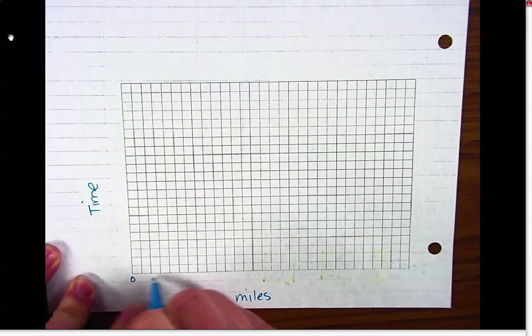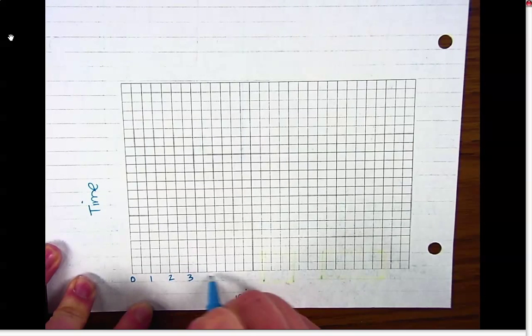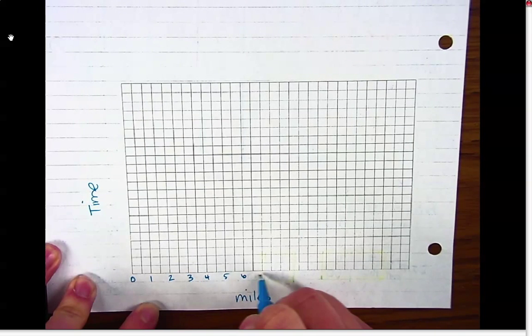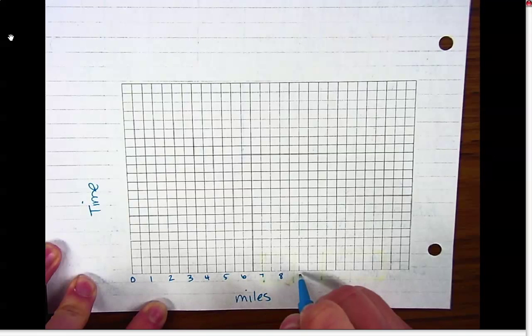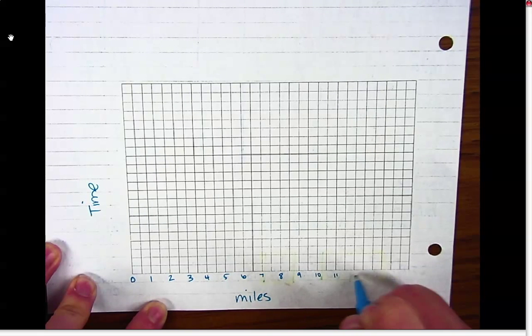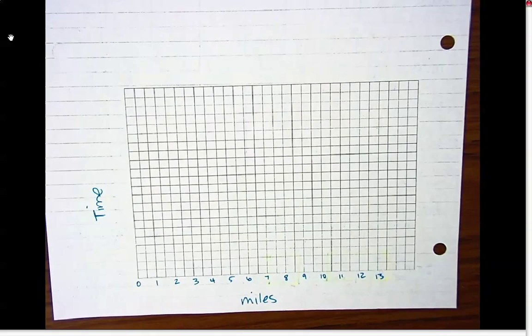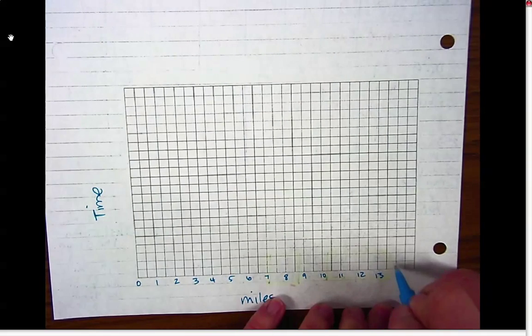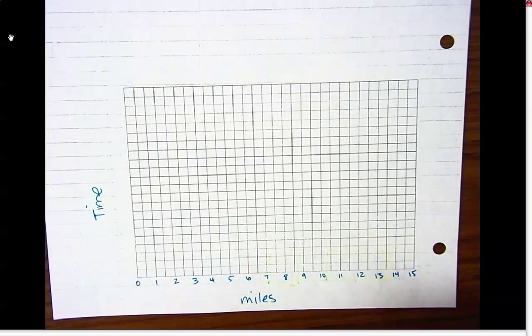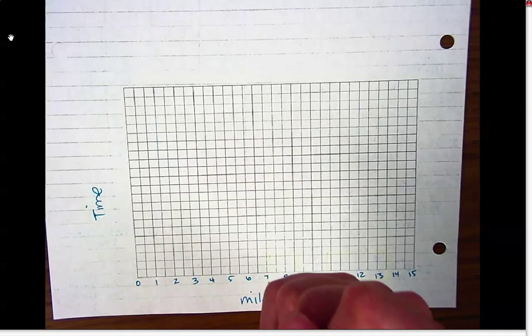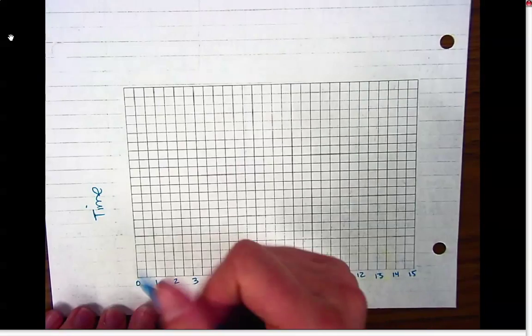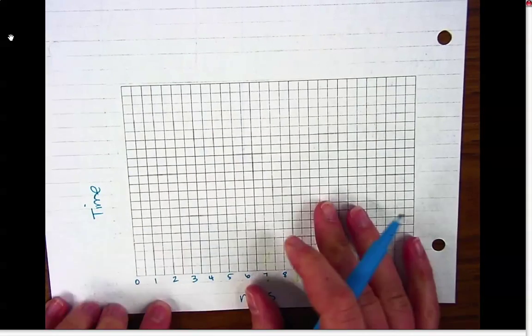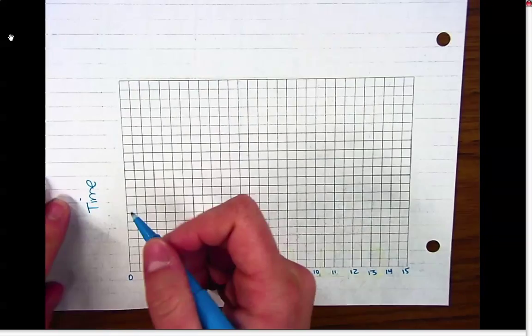So 0, 1, 2, 3, 4, 5, 6, 7, 8, 9, 10, 11, 12, 13. And I can even do 14 and 15. They'll fit on here. Next, I want to put my time on the side. I pre-counted this and found that I should be able to count by tens for 10-minute intervals.